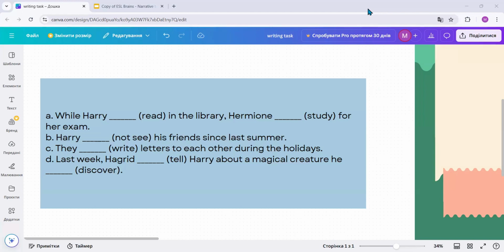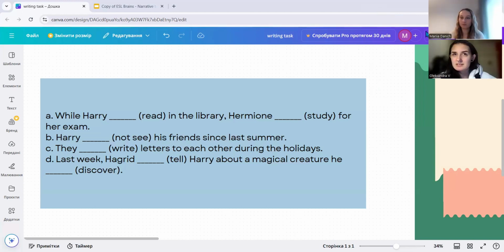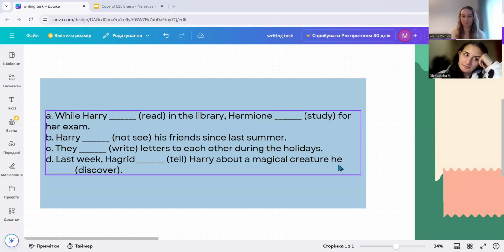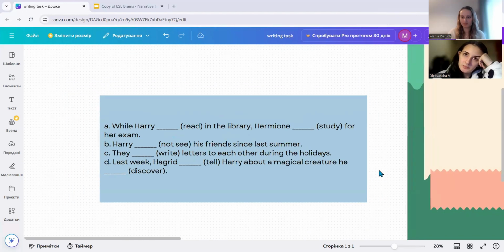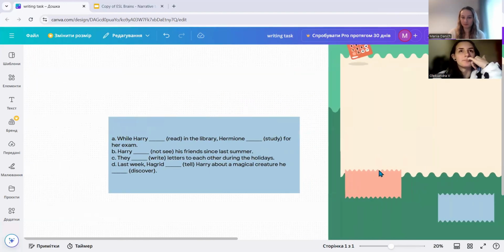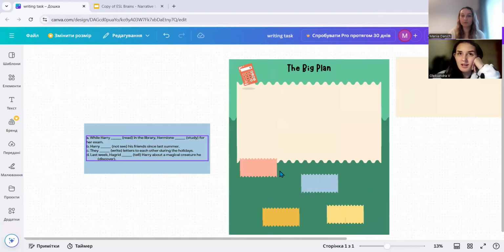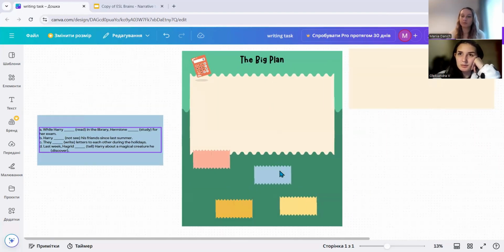So Harry has a story with his friends, like they have some, I don't know, magical trip maybe or something. They discover new things, found some, I don't know, magical place, which is really hard to get.